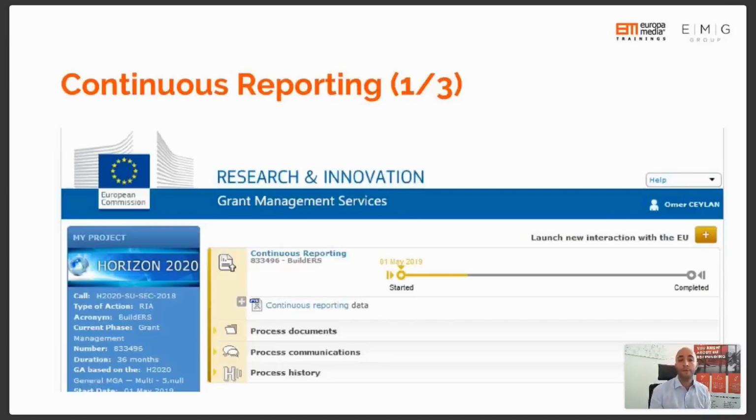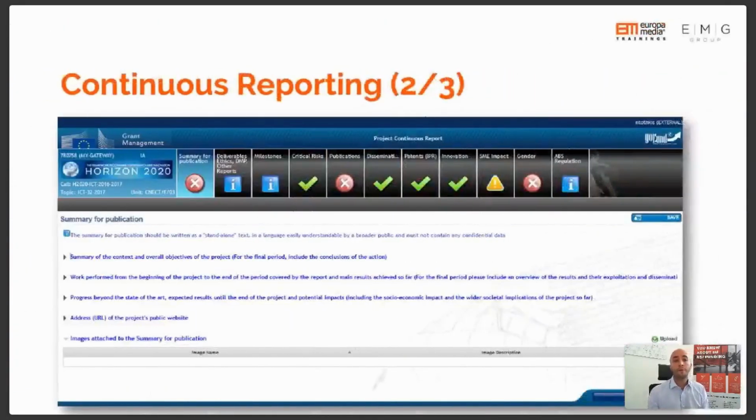So the continuous reporting module is launched. What does this mean? This allows you to enter and upload certain information and documents and submit them to the EU, or inform your project officer on the various aspects of your project.